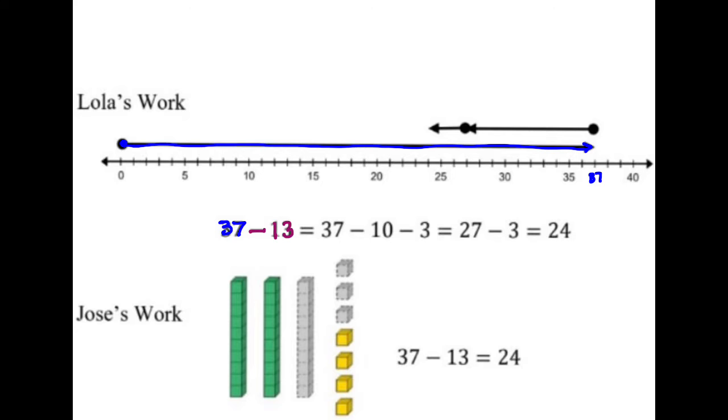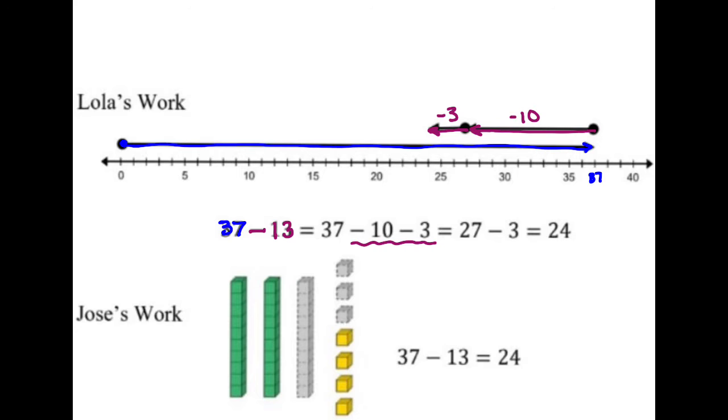And it looks like she broke it into a 10 and a 3. Okay, so here's 10. And then here's 3 more for a total of 13. Okay, and you can see that right there.